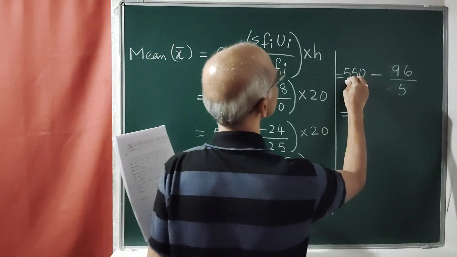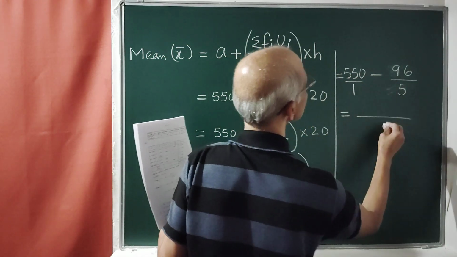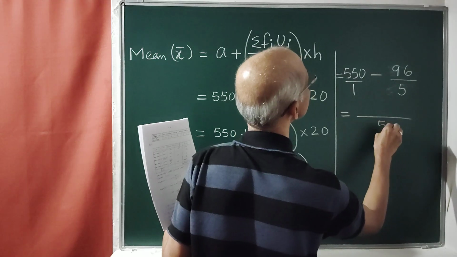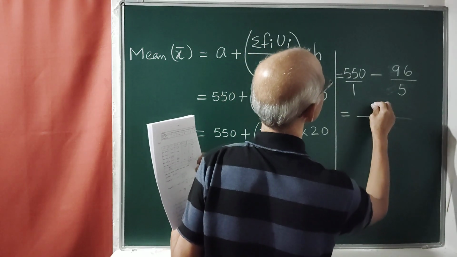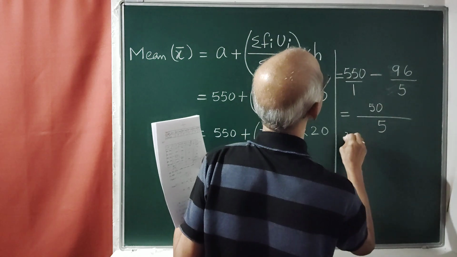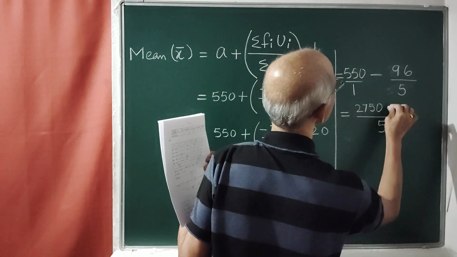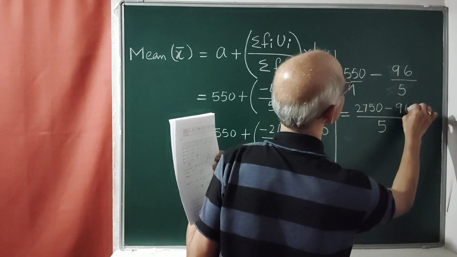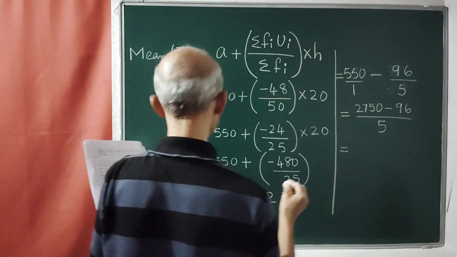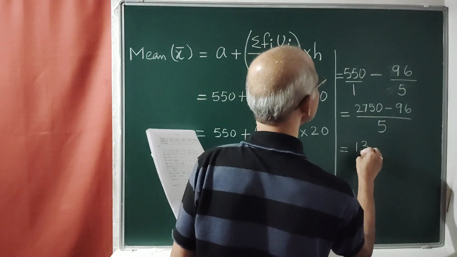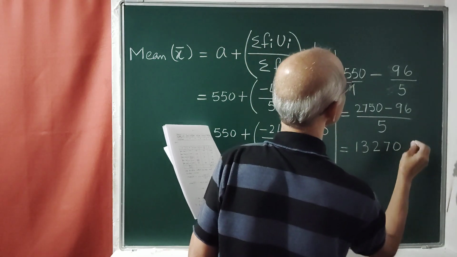Now we'll go for cross multiplication. 5 ones are 5, 5 zeros are 0, 5 fives are 25, 27 minus 96. That's equal to 13270.